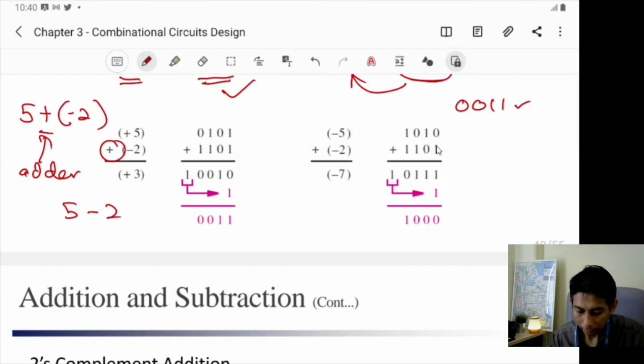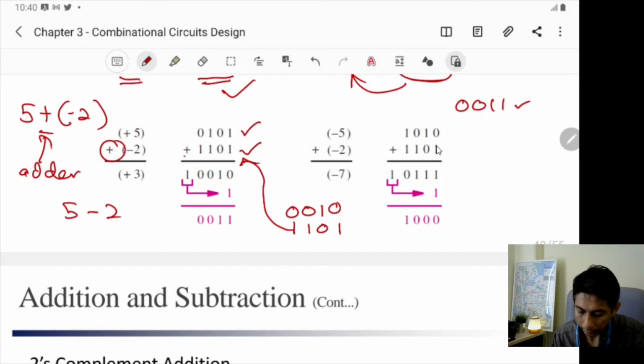So what we can do is, this is 5, and we use an adder to add with negative 2. This is negative 2 because 2 in binary is this. When you complement, you have 1, 1, 0, 1.